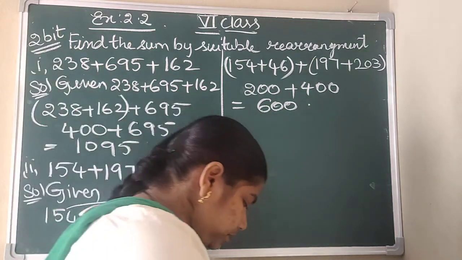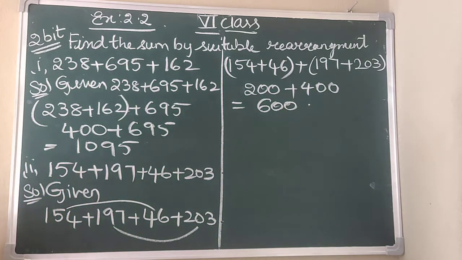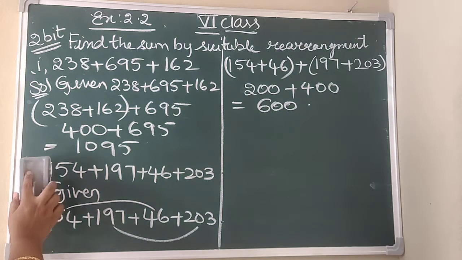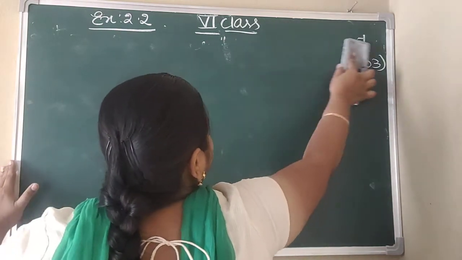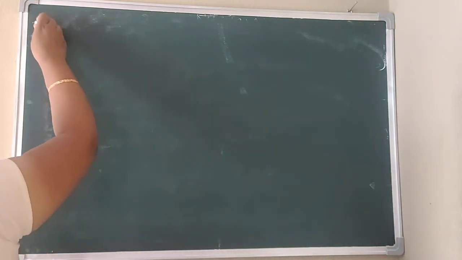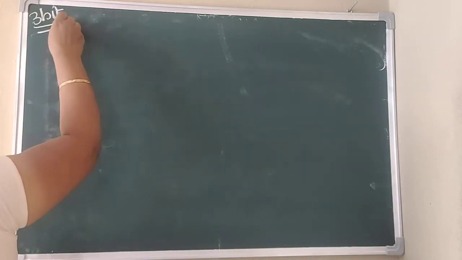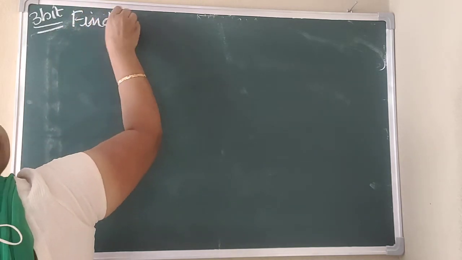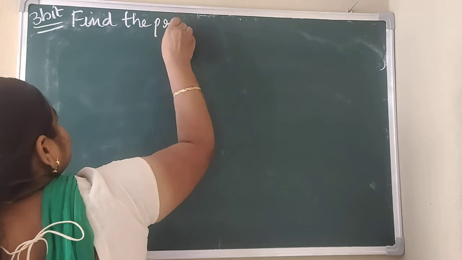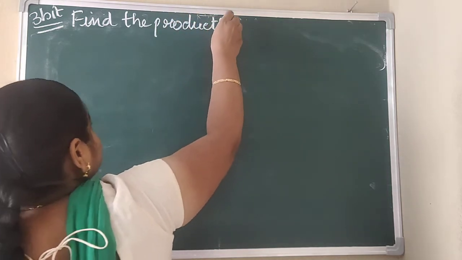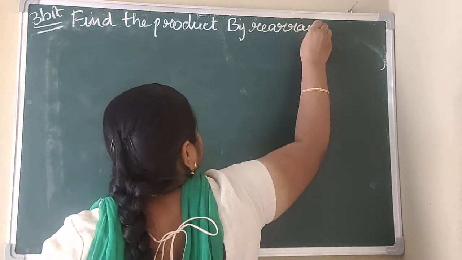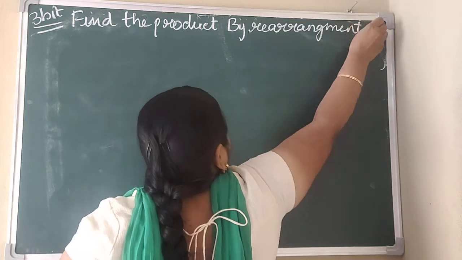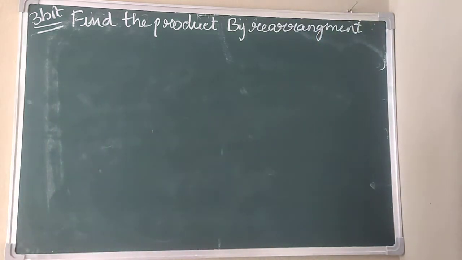Okay, so next one, same. Now we have to do the product. Product means multiplication we have to do. Third bit: by using rearrangement we have to find the product now.